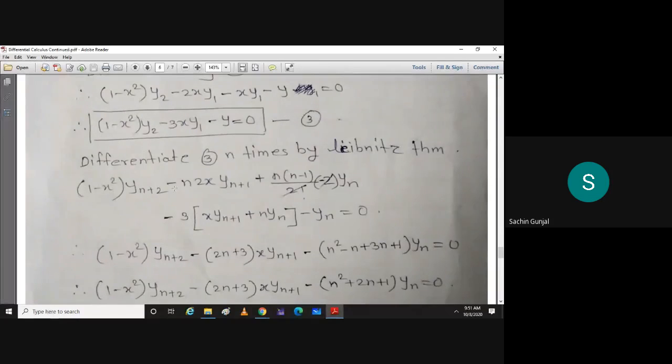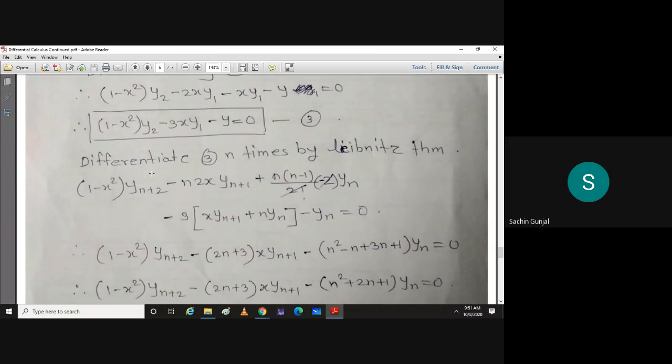First two terms are clear? Sir, can you explain the second term again? Okay. What is NC1? See, the first term is NC0, v as it is, nth derivative of u. So y2 is u, so its nth derivative is n plus 2, because there are already two derivatives and we are taking n more derivatives.